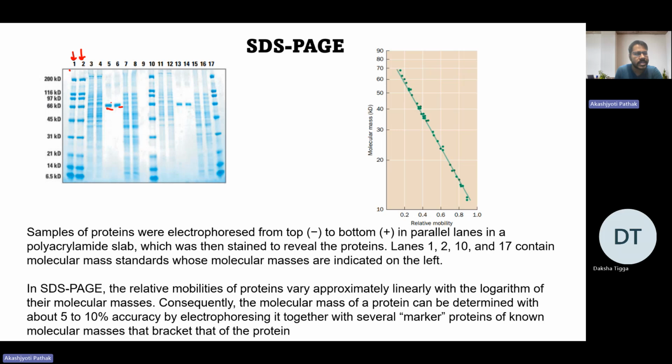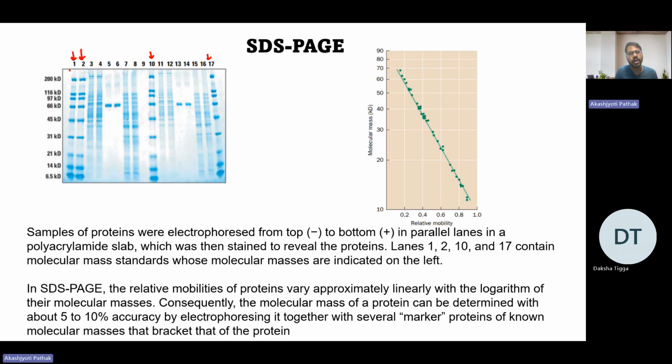For example, this band corresponds to around 66 kilodalton. Now, this band is somewhere between 31 kDa and 45 kDa. So by running an SDS-PAGE, you can analyze the molecular weight of your protein and how pure your protein is. All this information you will get from SDS-PAGE. This lane 12 is again a ladder and 17 is also a ladder.